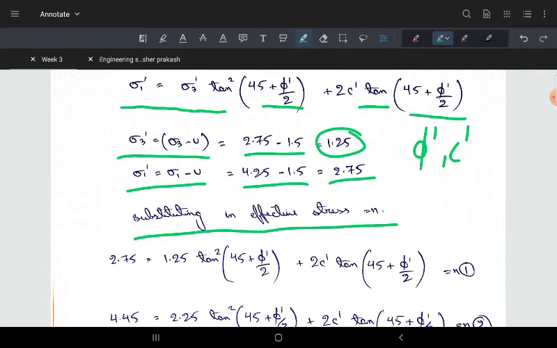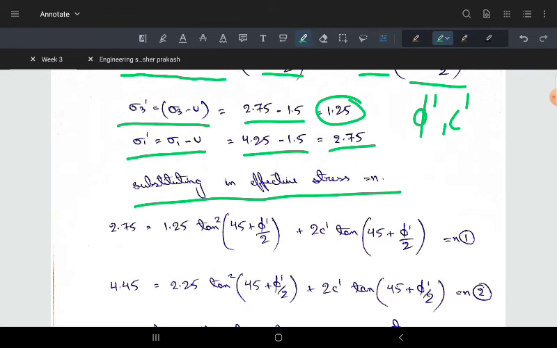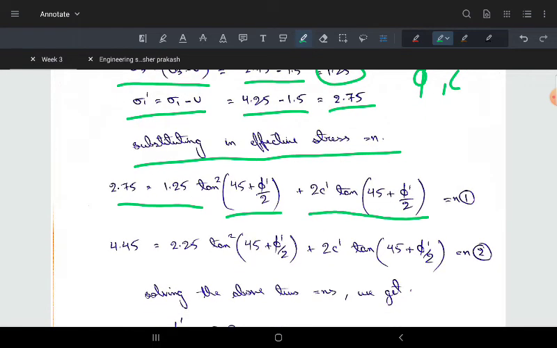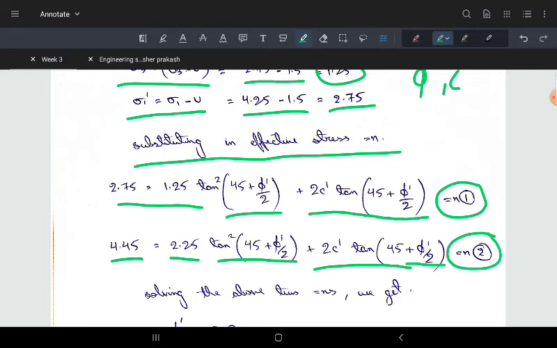Substituting in the effective stress equation, 2.75 is equal to 1.25 tan square (45 plus phi dash by 2) plus twice c dash tan (45 plus phi dash by 2). That is equation 1. 4.45 is equal to 2.25 tan square (45 plus phi dash by 2) plus twice c dash tan (45 plus phi dash by 2). It gives equation 2.